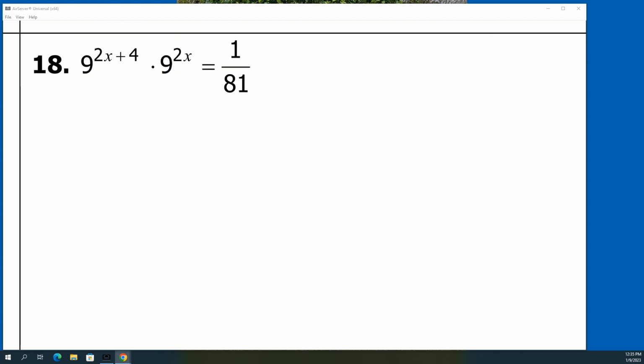You're going to add. So the 9 is not going to change. It's going to stay 9. But then we're going to add 2x and 2x, which is 4x. And then the 4 doesn't have any like terms, so it just comes over.